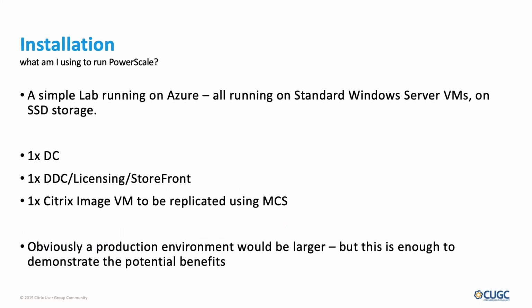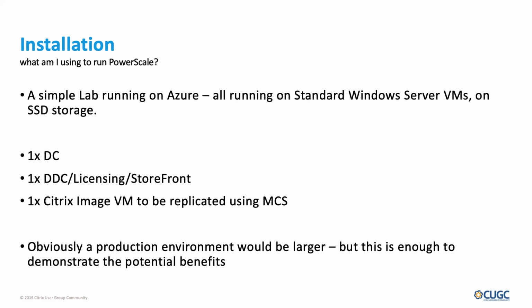Just to keep things nice and simple, here's my little lab that I used to get things up and running, all running on Microsoft Azure, Windows Server VMs, running standard operating system, all on SSD storage. I've kept things really simple for this setup, just to show you how quick it is to set up.